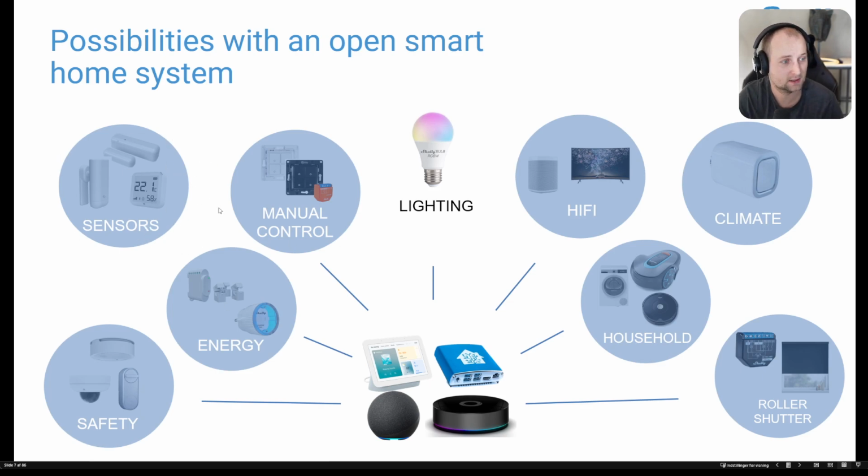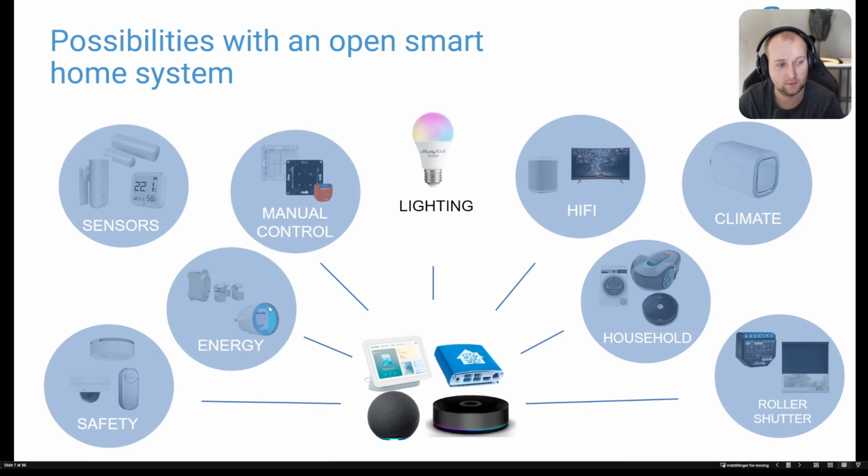All right, sensors: humidity sensors, temperature sensors, door window sensors, motion sensors, everything important for making automations. Energy monitoring is something where we are very good in Shelly. So we see a huge increased focus on energy metering, energy controlling as well.